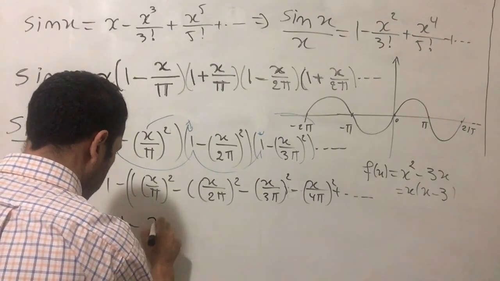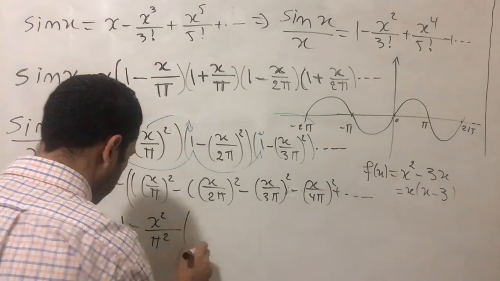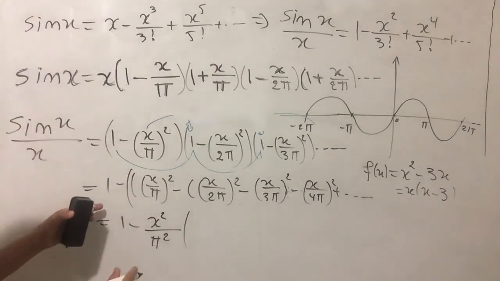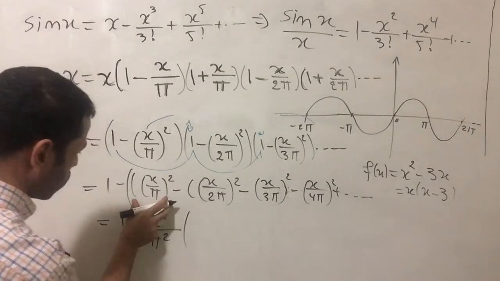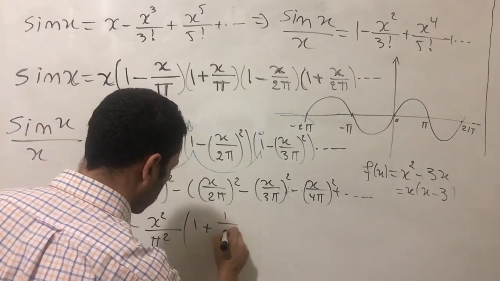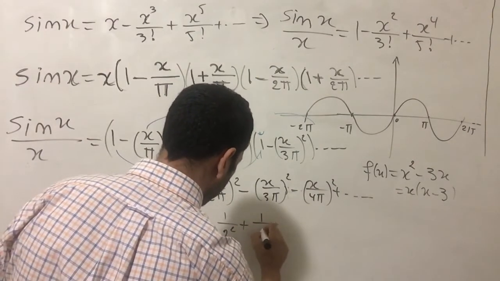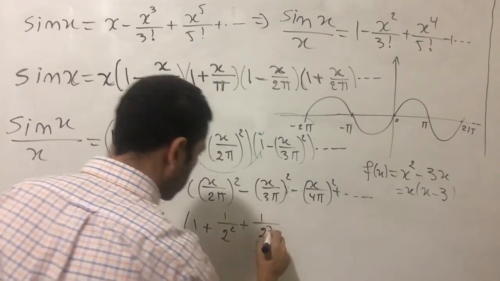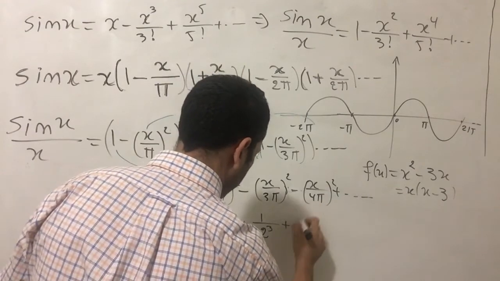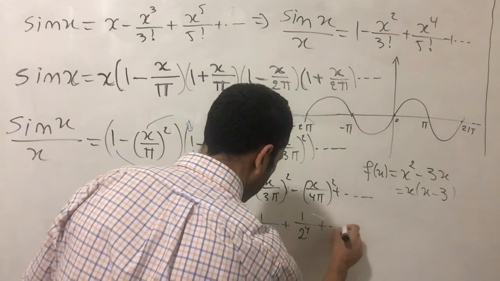x squared over pi squared, with a minus sign outside. So I will have, this one is multiplied by 1. This one is multiplied by 1 over 2 squared. The third one is multiplied by 1 over 2 to the 3. The fourth one is multiplied by 1 over 2 to the fourth, and all the way down.